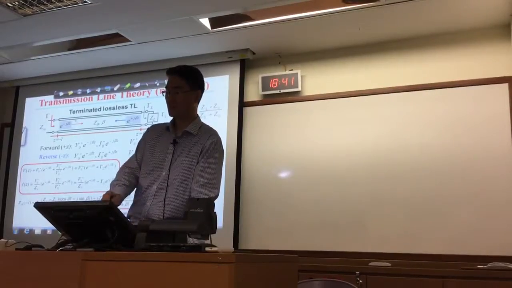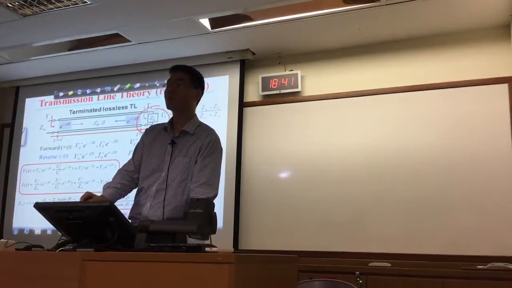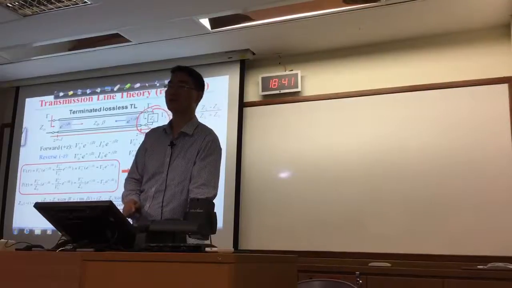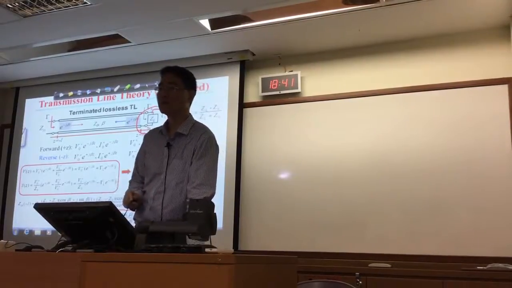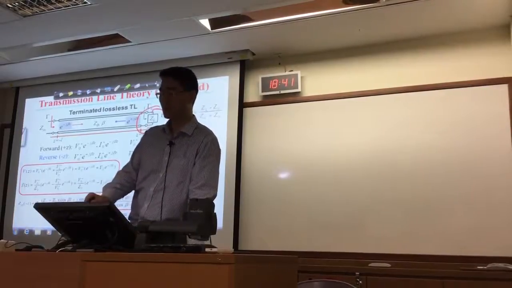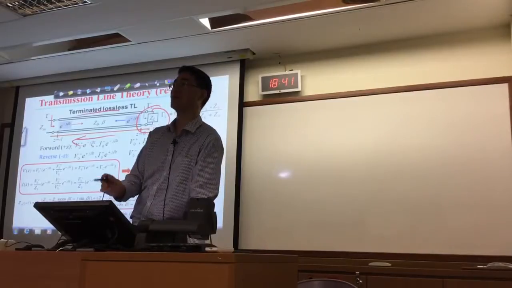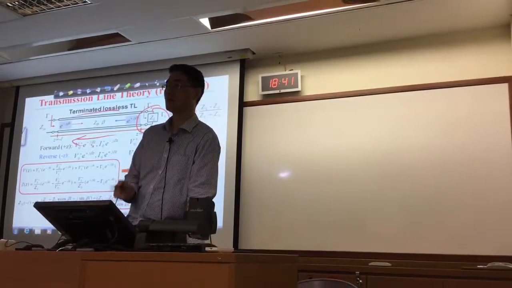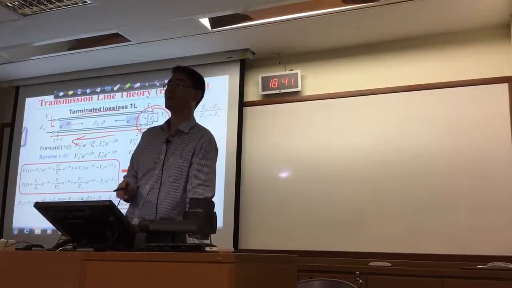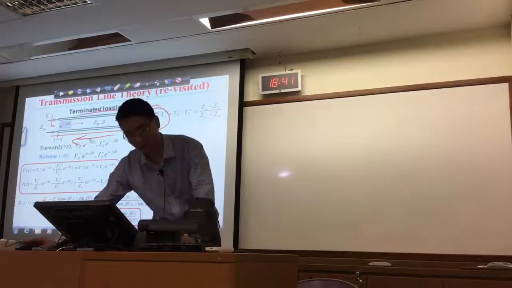If the transmission line does not have a termination, then the wave in the transmission line is a traveling wave. With a termination, we have the incident wave and also the reflected wave. Then the incident and the reflected waves form the standing wave, right? I'm not sure whether you still remember.